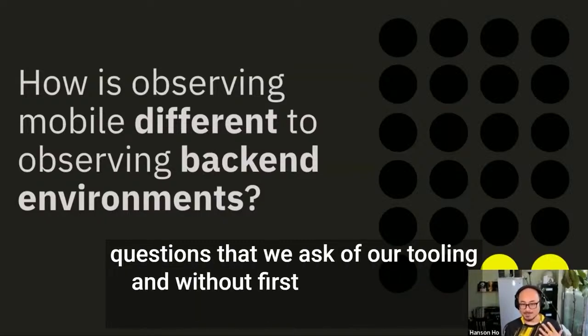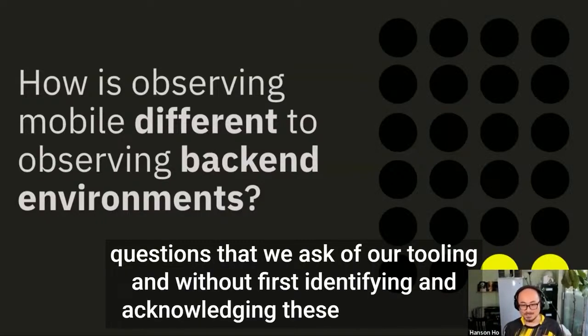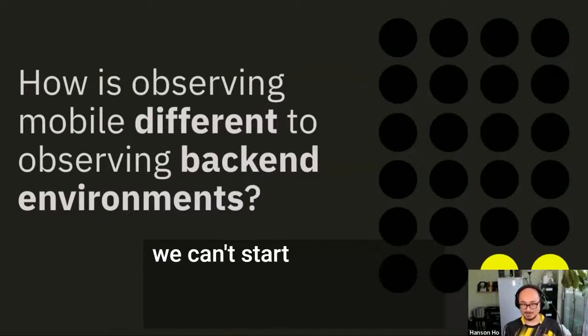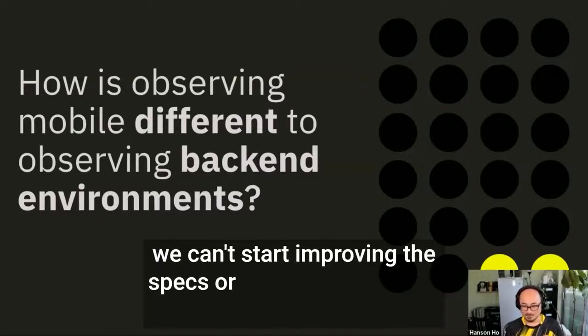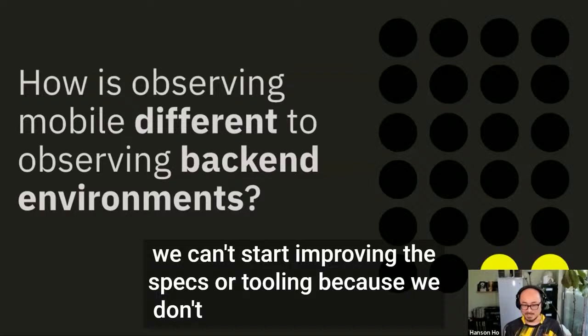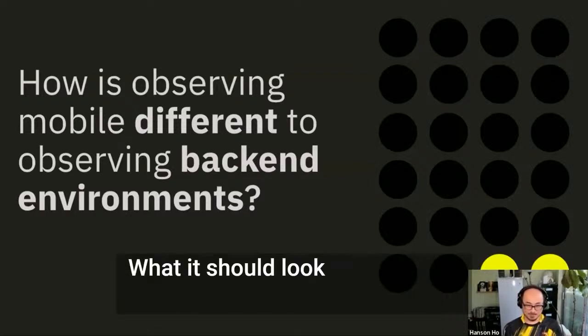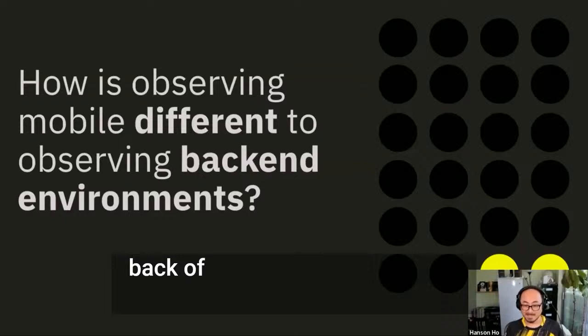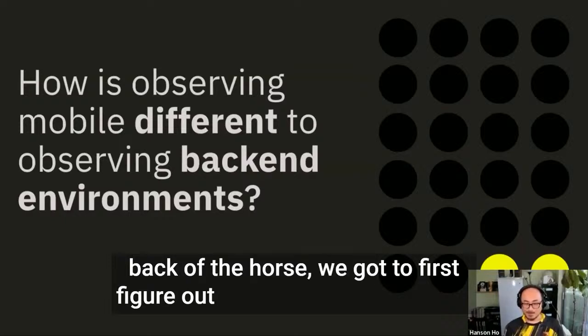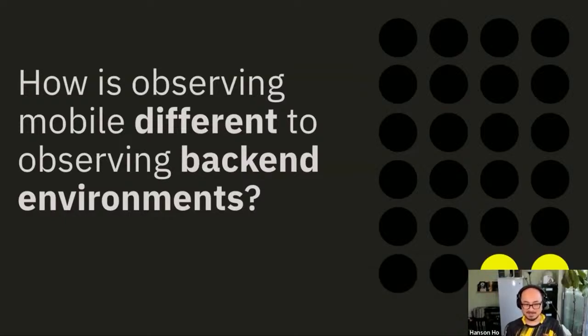And without first identifying and acknowledging these differences, we can't start improving the specs or tooling, because we don't know what it should look like. To make the front of the horse look like the back of the horse, we've got to first figure out what the face should be.